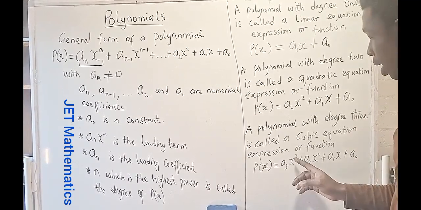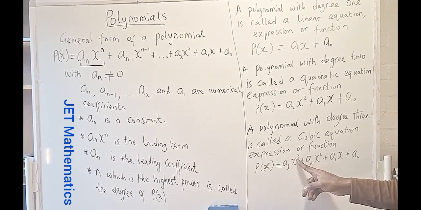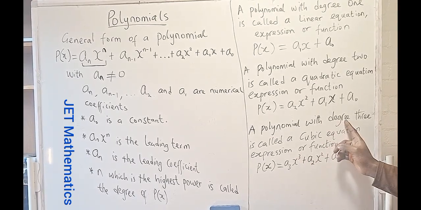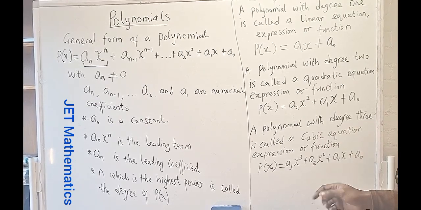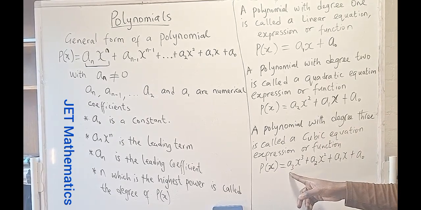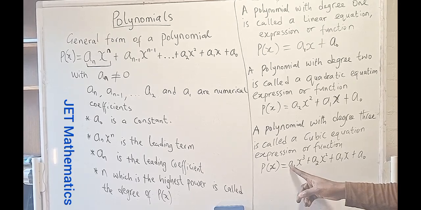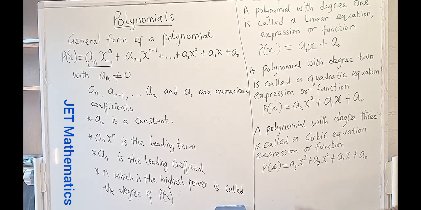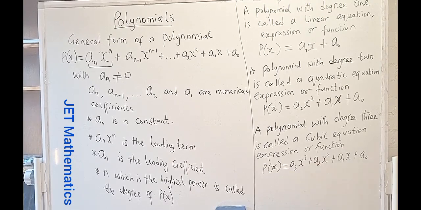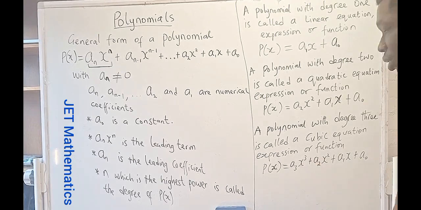So here you see the highest power of x is 3. That means the degree of this polynomial is 3. And then a_3 becomes the leading coefficient, and a_3 x cubed becomes the leading term.